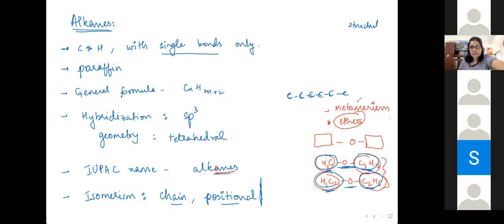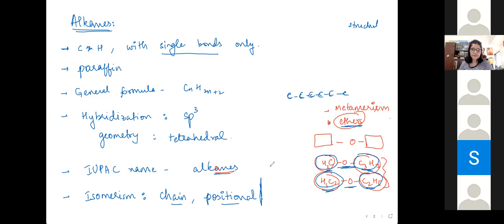Ma'am, I actually got disconnected, but the last thing I heard was about the metamerism part. Could you just repeat what you said? Like revise it, because metamerism is something we discussed in the previous chapter. I can't repeat the whole thing again. But yes, metamerism you wouldn't find in alkanes and hydrocarbons. In any hydrocarbon you won't find it. It's only with functional groups like ethers that you'd find metamerism.